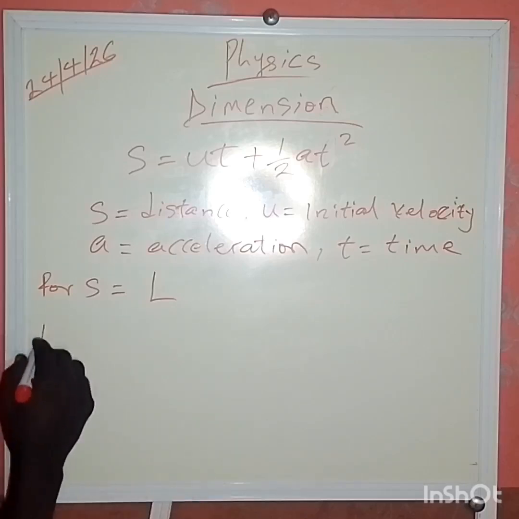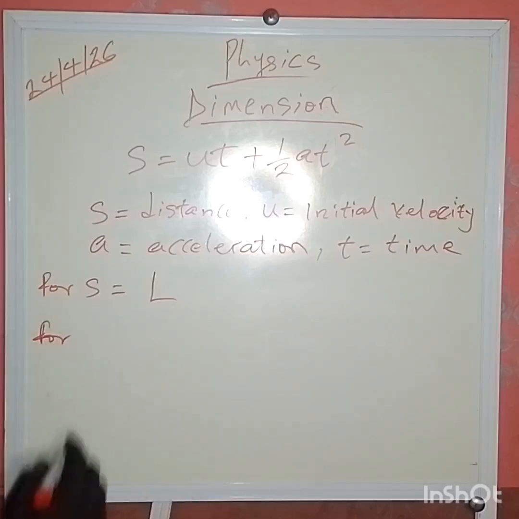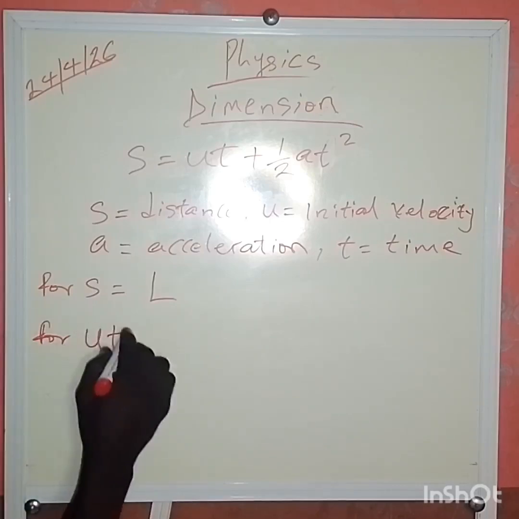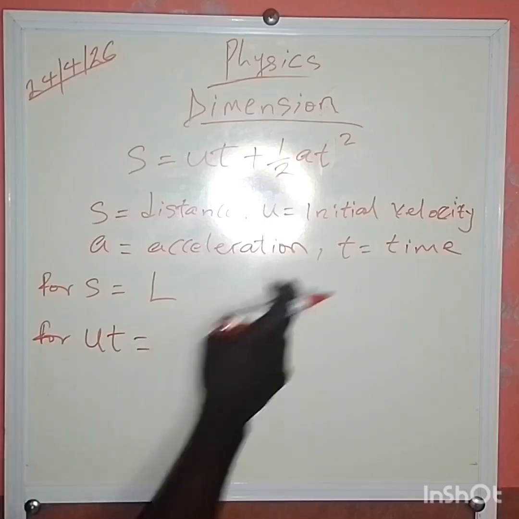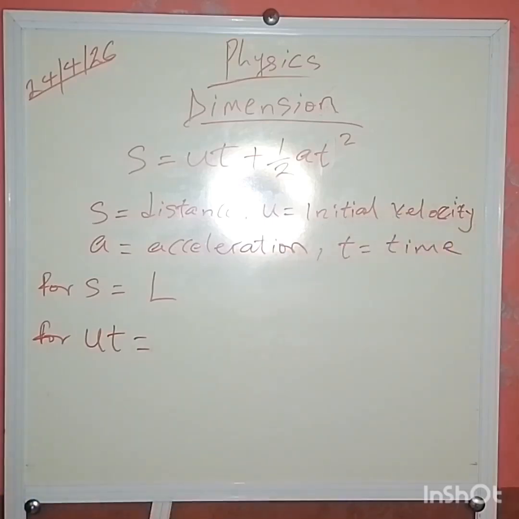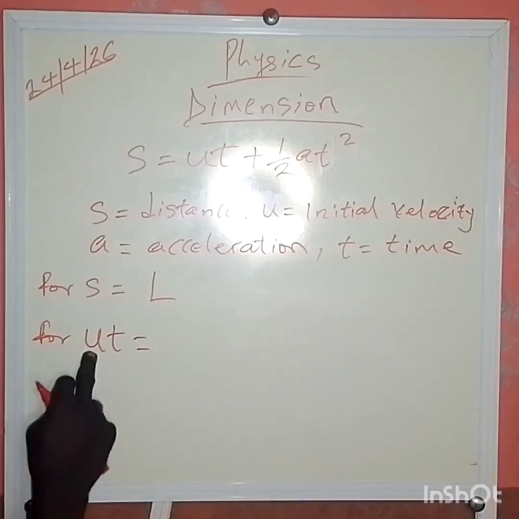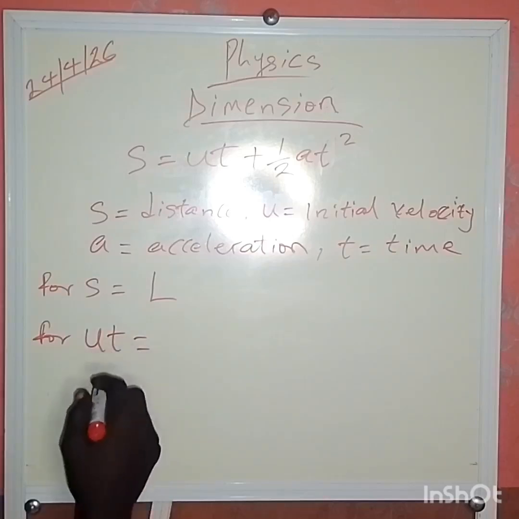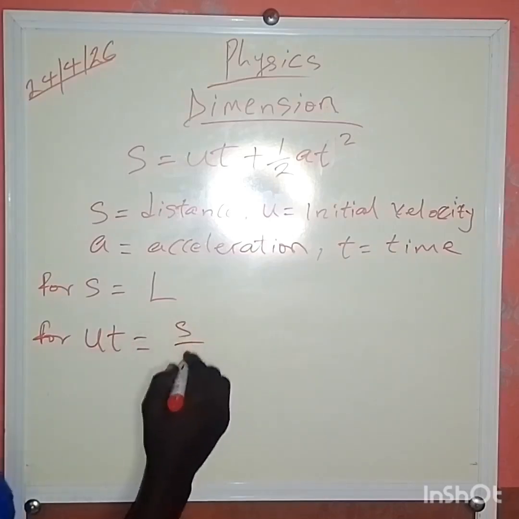Now for the dimension of UT, we know that U is our initial velocity. And what's the formula for velocity? The formula for velocity is distance over time.